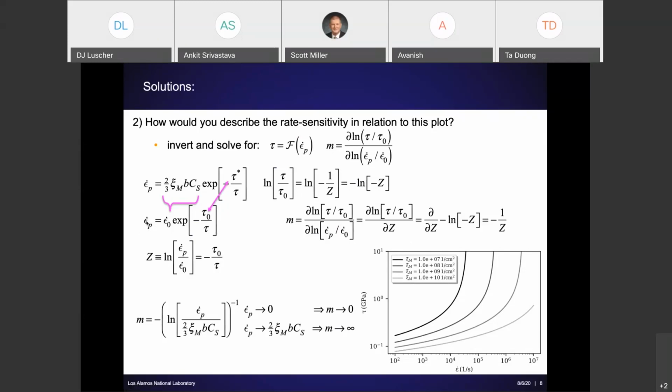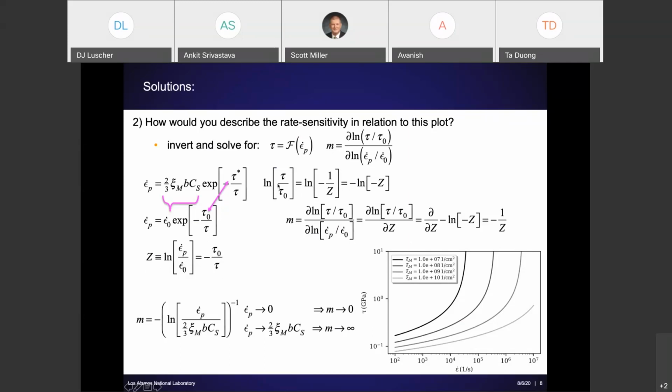And just for the sake of convenience, I'm going to define a variable z, which is the logarithm of the plastic strain rate divided by the reference strain rate. So based on that definition and this model, that's just equal to minus tau 0 over tau.